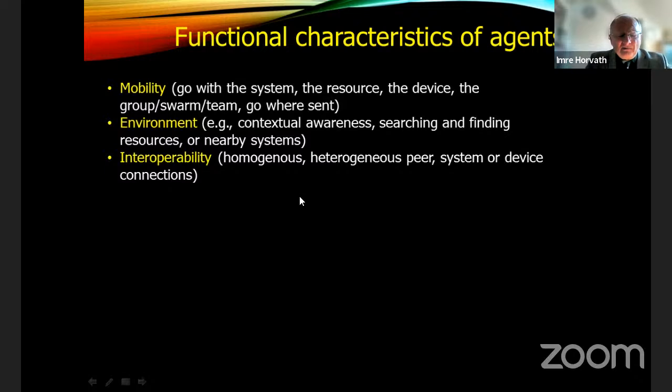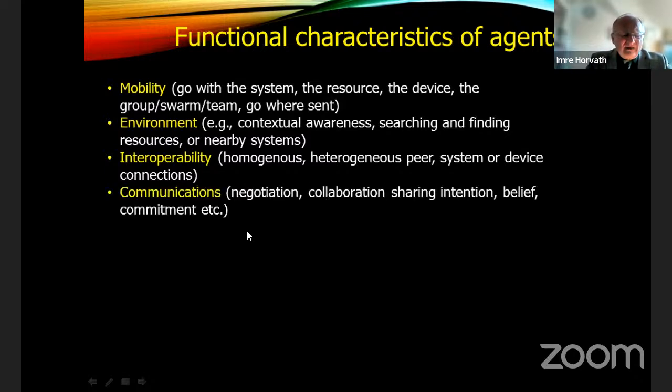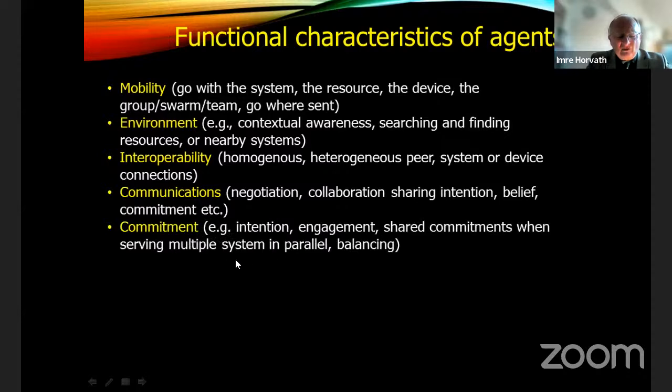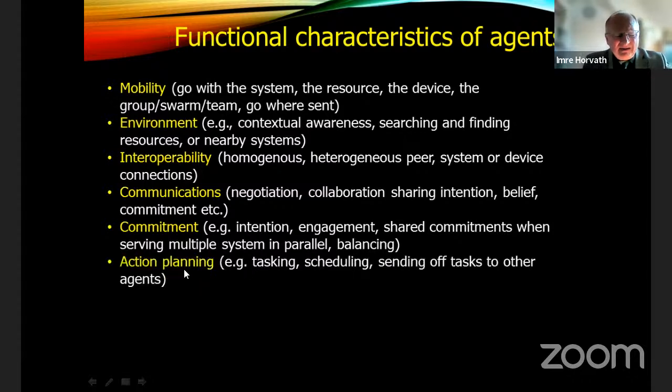Then interoperability: homogeneous or heterogeneous peer system or device connection, communication, negotiation, collaboration, sharing intention, beliefs, and commitment. Commitment is actually decomposed into other aspects like intention, engagement, shared commitments when serving multiple systems in parallel, and balancing capability.